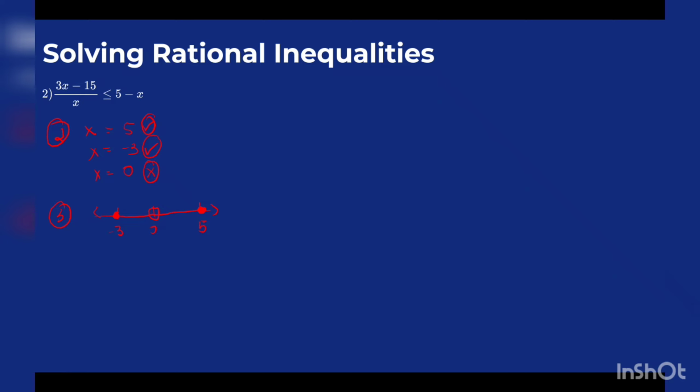So you can see that here we have 1, 2, 3, 4 intervals. So that means we have to test all those intervals. The first interval are the numbers less than negative 3. So that is x is less than negative 3.